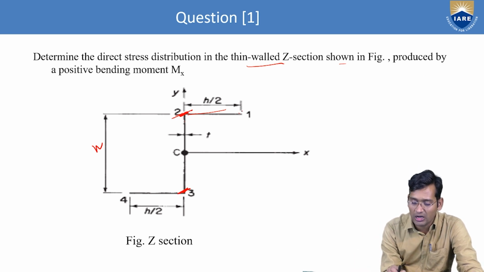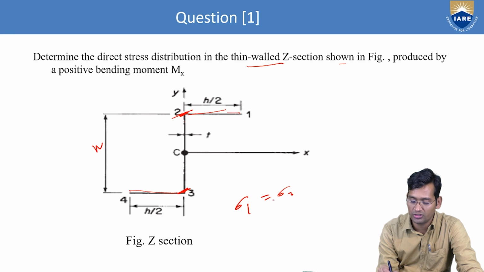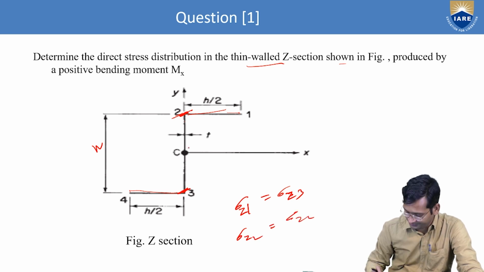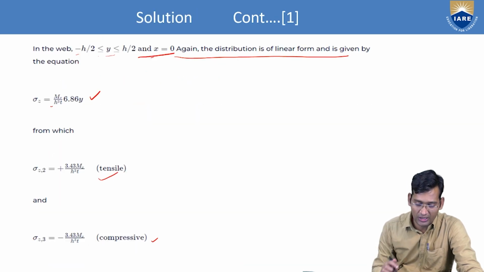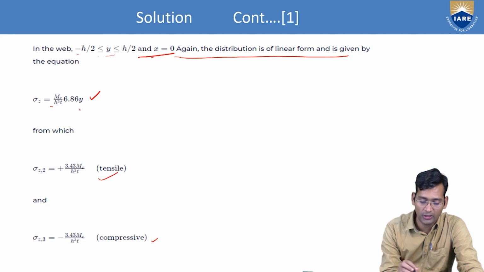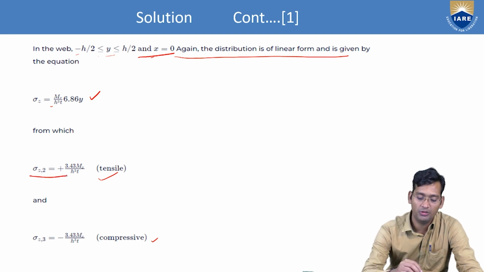And just see here, sigma 1, 2 will be equals to sigma 1, 4. So whatever sigma z1 will be there, that will be equals to sigma z3, and sigma z2 will be equals to sigma z4 in this case, right? So for 1 to 2 to 3 we have to find. So sigma z2 will be equals to what?